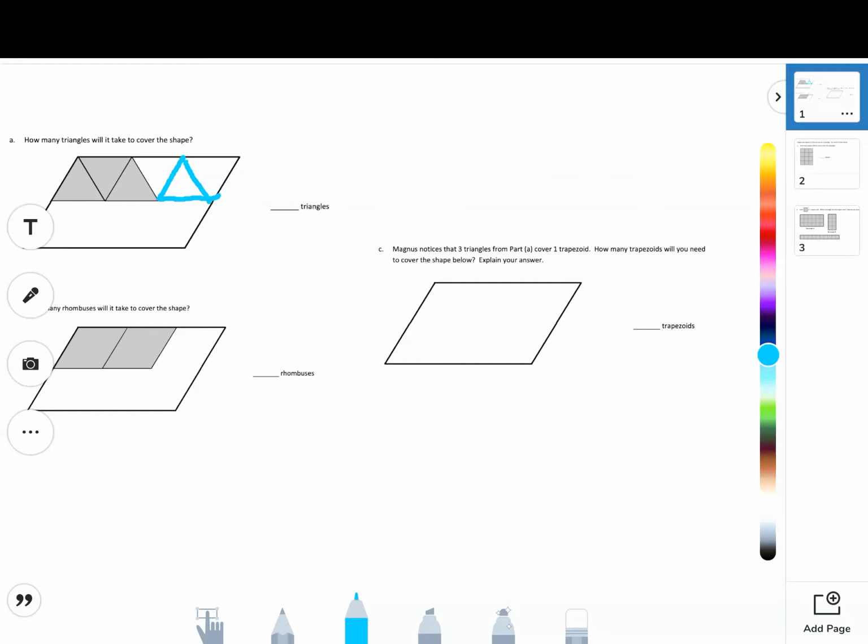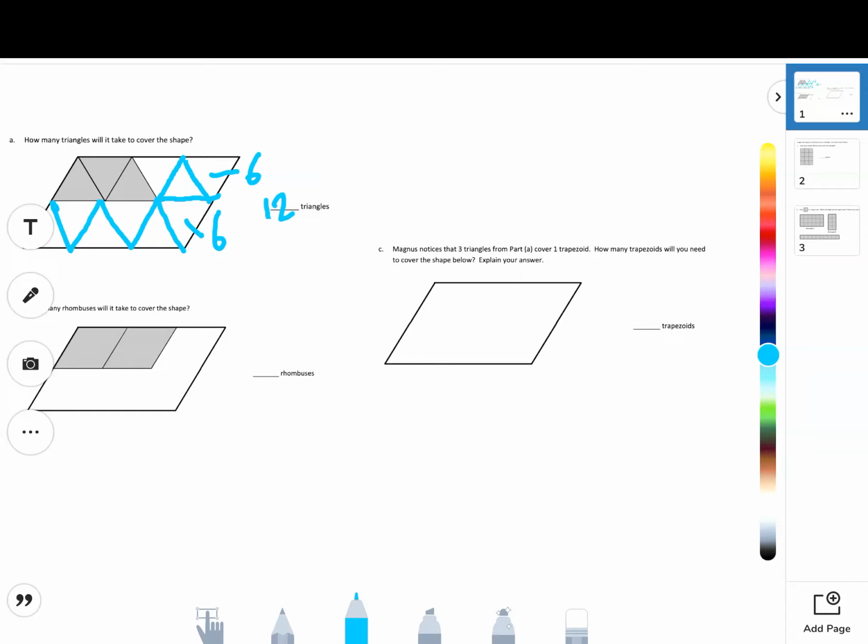On this upper part we know that we have 6 triangles, and we're going to draw our lines, and we know that the bottom row also has 6 triangles, so in total 12 triangles. I just used a line to show the triangle shapes.